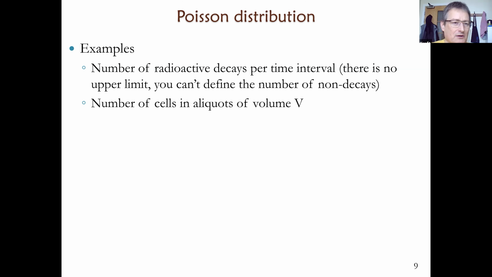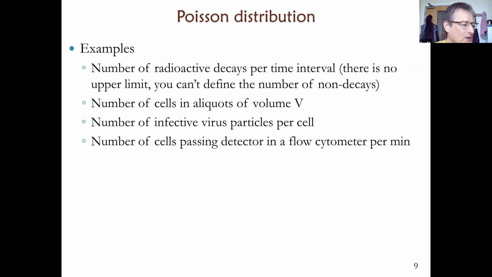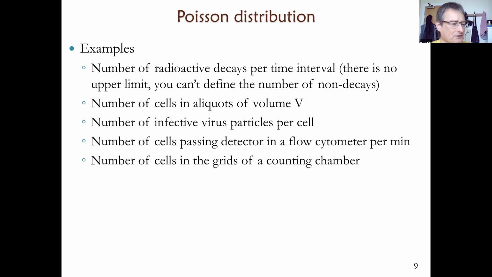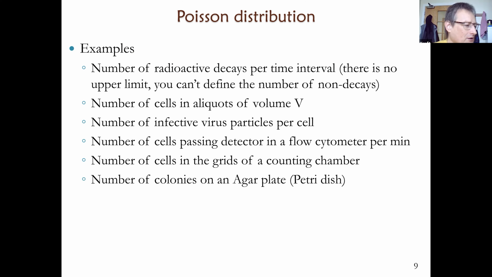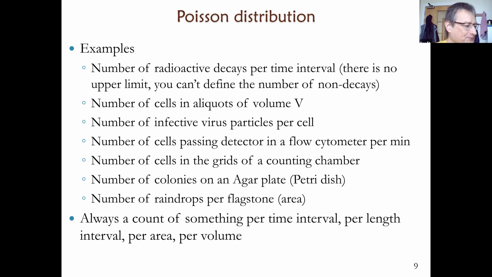The number of cells in a particular volume, the number of virus particles in a particular cell, the number of cells passing a detector in a flow cytometer or culture counter, the number of cells in a grid of a counting chamber, the number of colonies on a plate, or the number of raindrops on flagstones, so per area. So it's always a count of something per time interval, length interval, area, or volume.